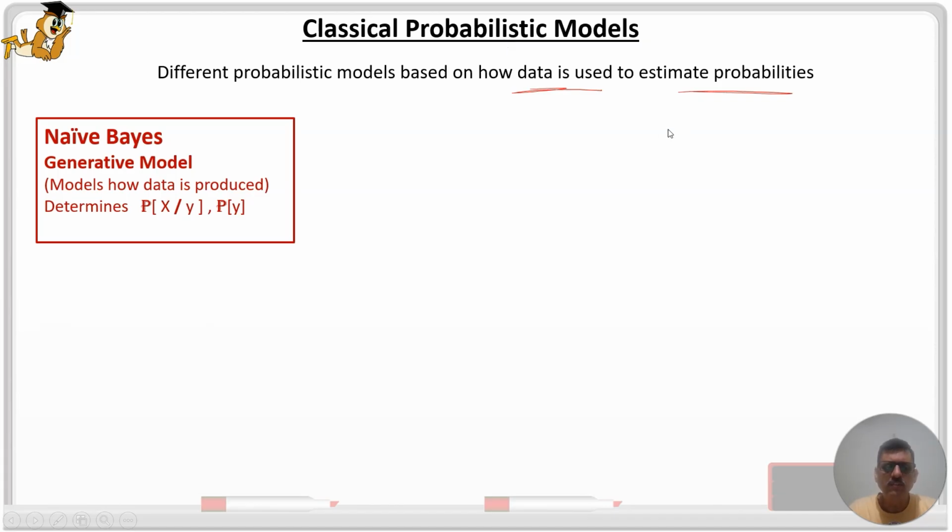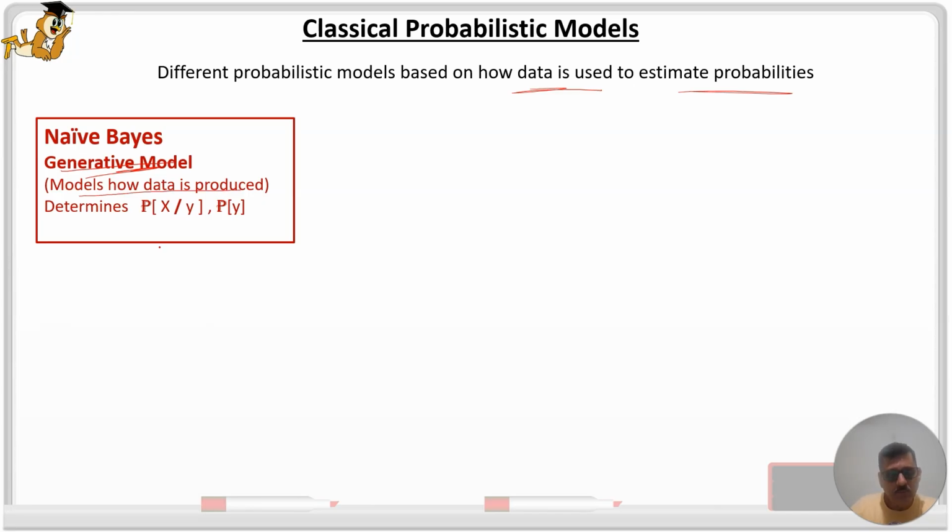The first model that we are going to study is called the naive Bayes model. It's a generative model. Remember the term generative model that we studied in the earlier lecture? The reason it's called a generative model is that it models how data is produced.